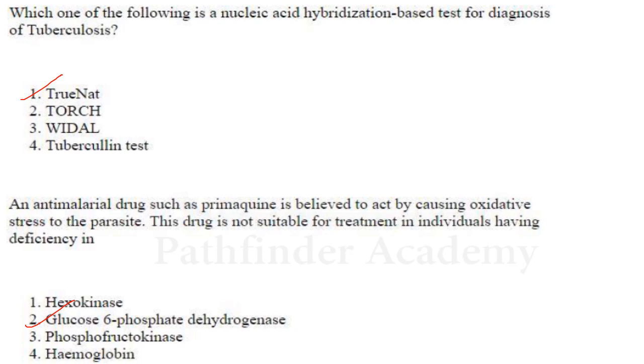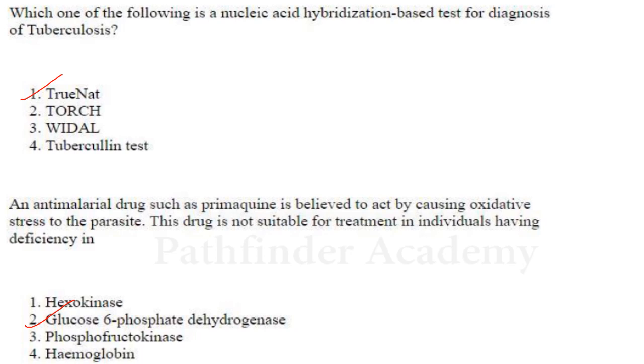Then TORCH screen, it is a group of blood tests usually done in neonates, from pregnant women or children who are born and who are 1 or 2 days old. They are neonates.